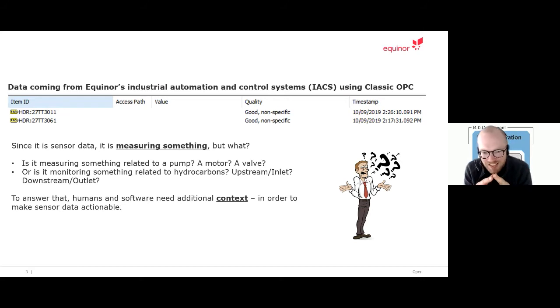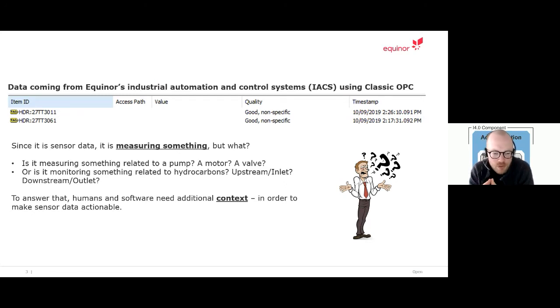But what we see is that this simple sensor data is quite useless without any additional context. You probably know that this is data measuring something, but what exactly does it measure? Some people with years of hands-on experience from a particular facility or facility system will know what this data means just by looking at the name.